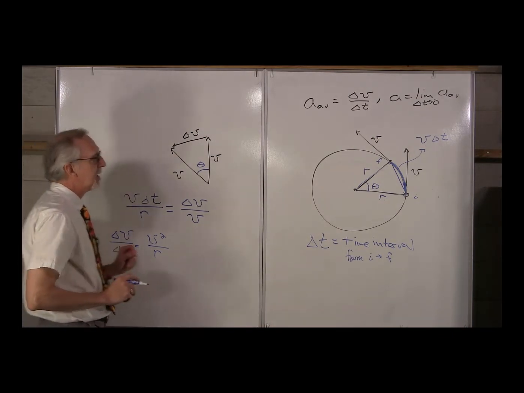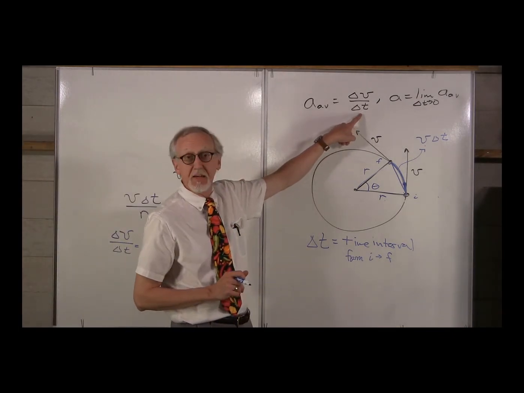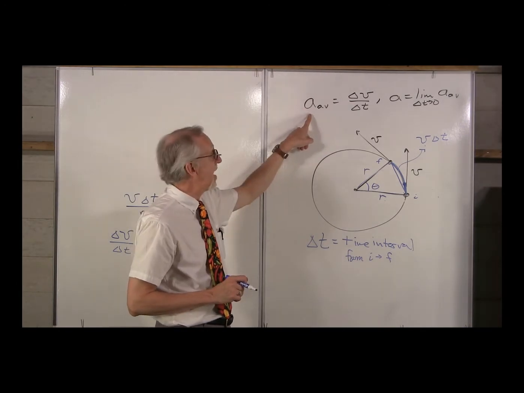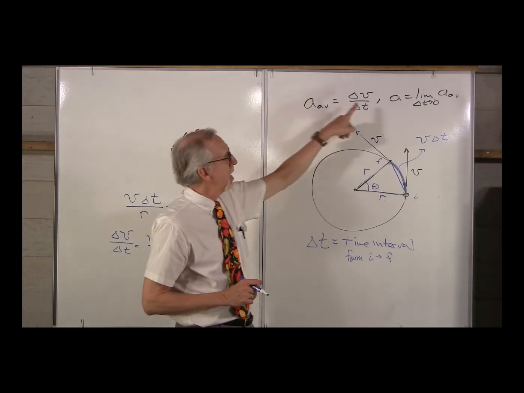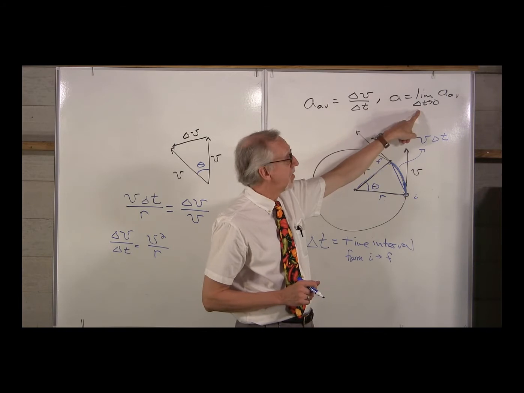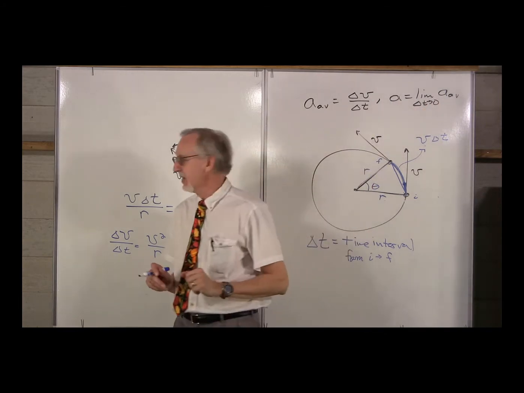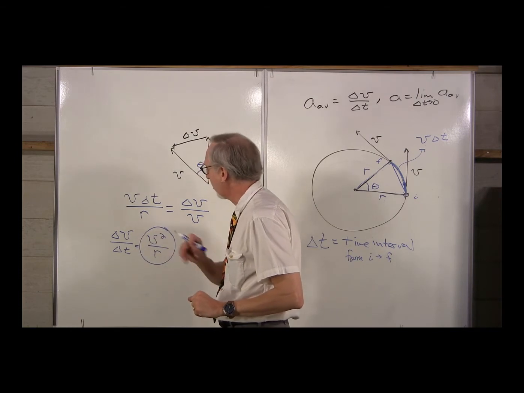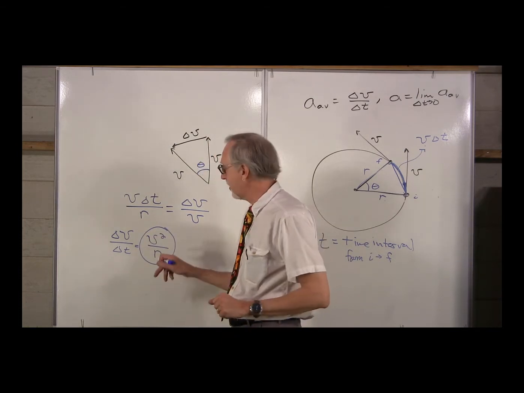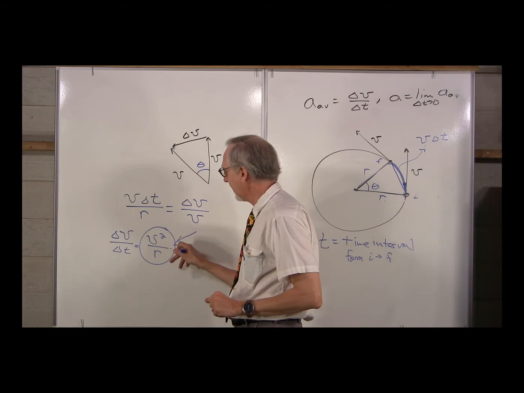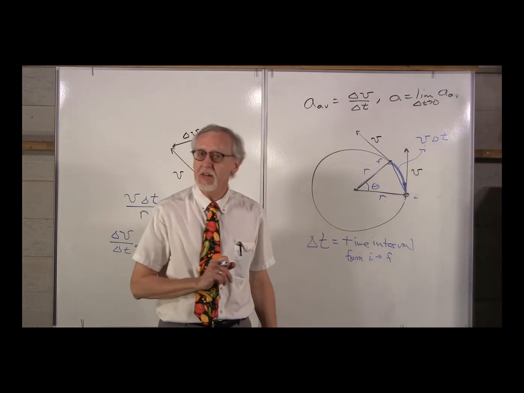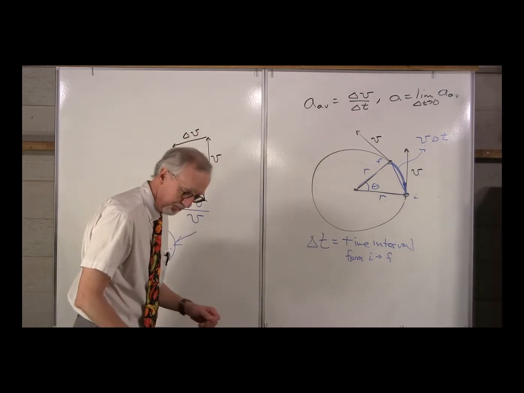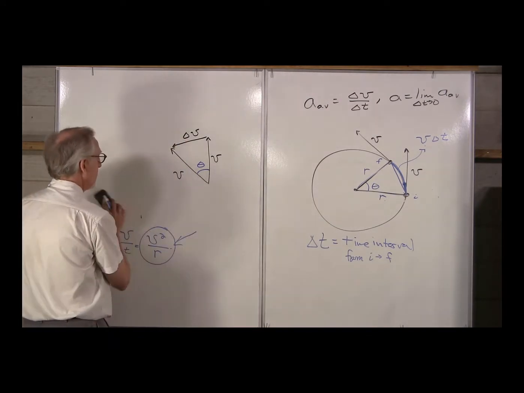But delta v over delta t, that is exactly what gives us the magnitude of the average acceleration. Letting delta t go to 0, we get the instantaneous acceleration. But delta v over delta t is equal to v squared over r for a small time interval. There we go, that is our result: v squared over r. Let me just write that down.